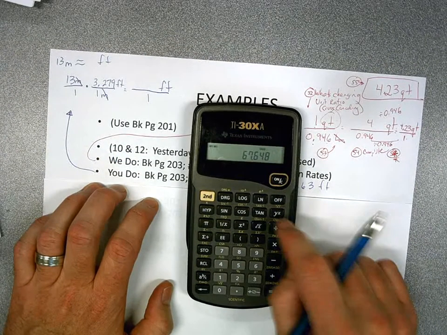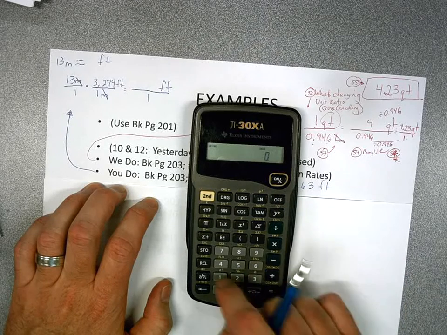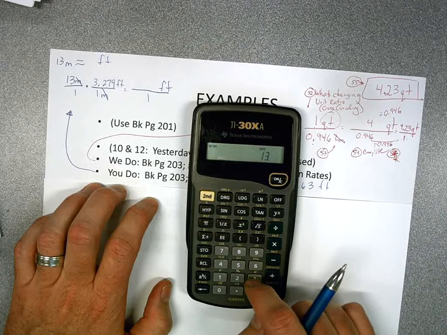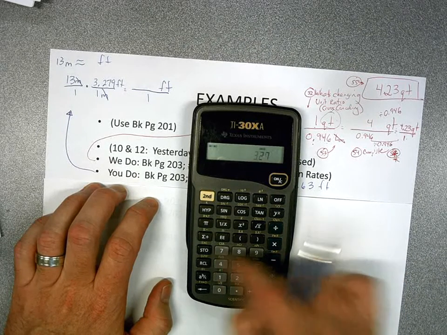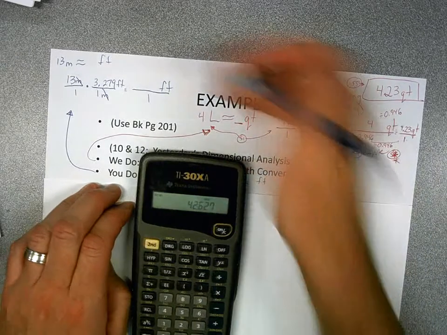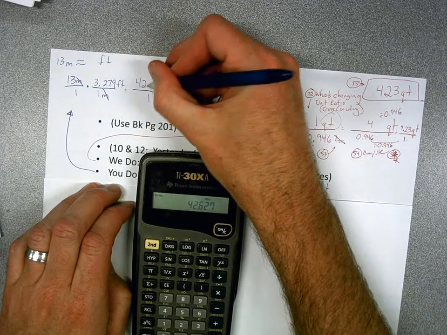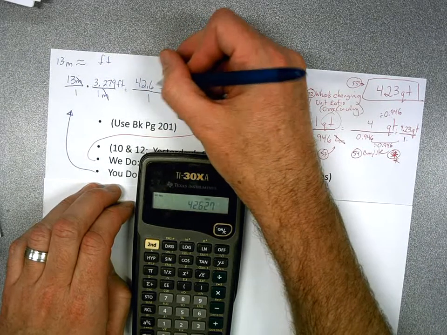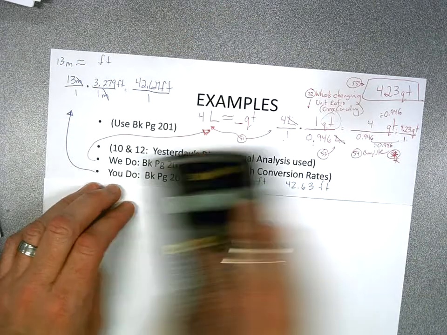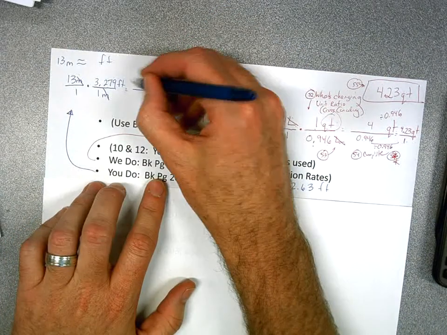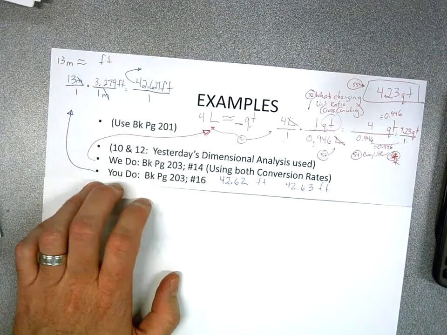So here we go. 13 times 3.279 equals, and we end up with 42 and 627 thousandths feet. Now this is the answer, but we need to round the direction, say, to the nearest hundredth.